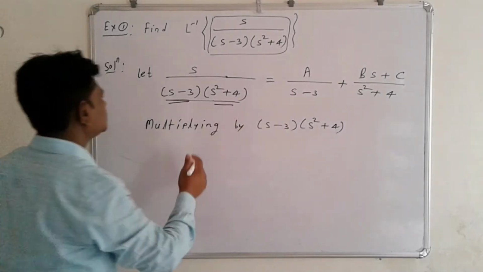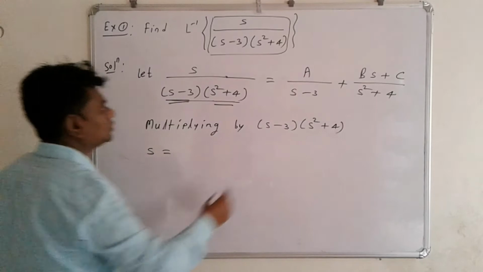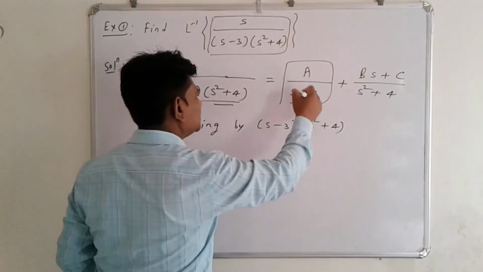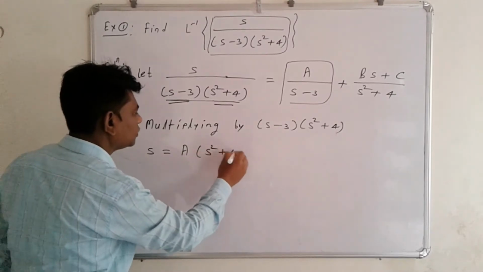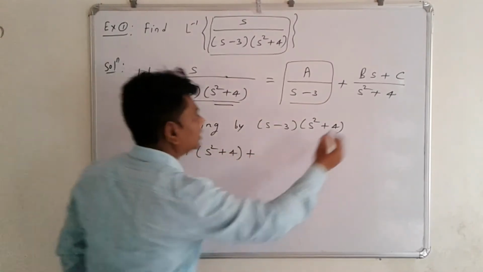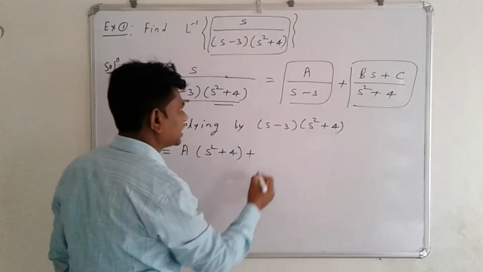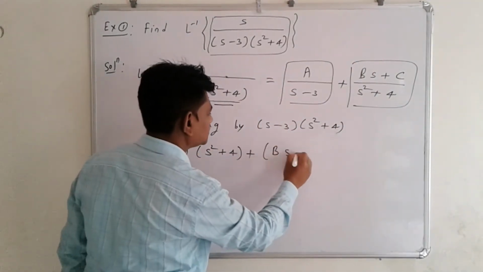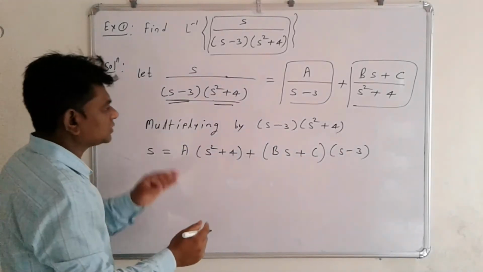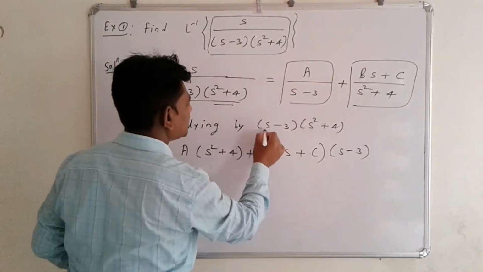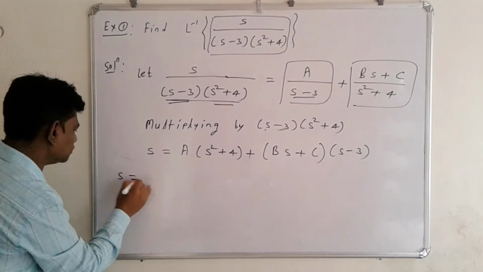Now by using this multiplication, the denominator gets cancelled and the answer is s is equal to, now in the first term, this s minus 3 gets cancelled, a times (s square plus 4), plus in the second term this s square plus 4 gets cancelled, the answer is (b times s plus c) times (s minus 3).